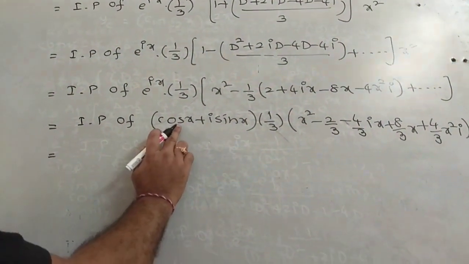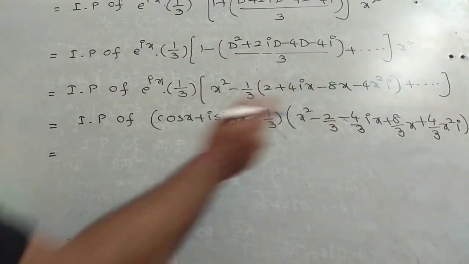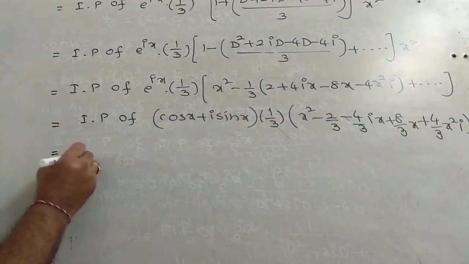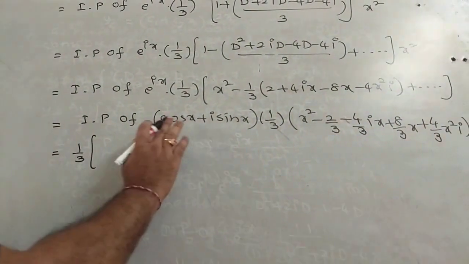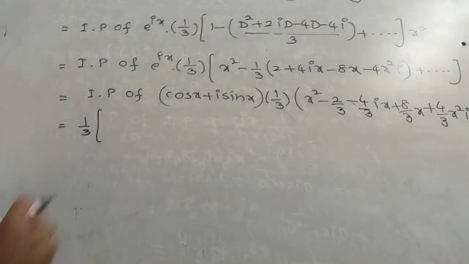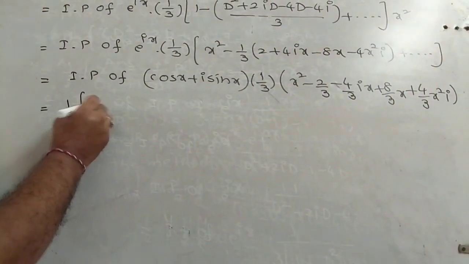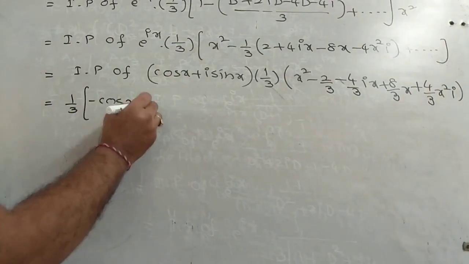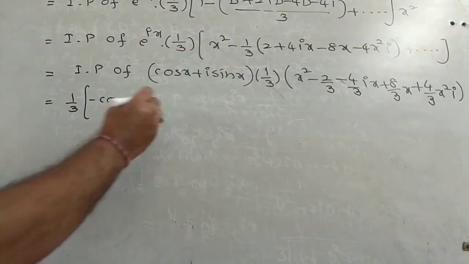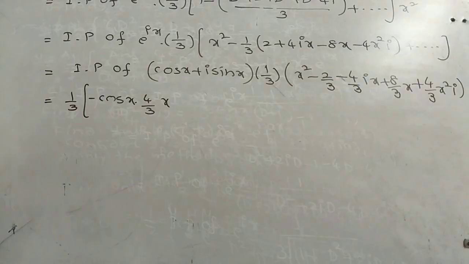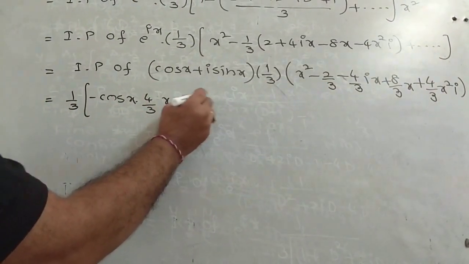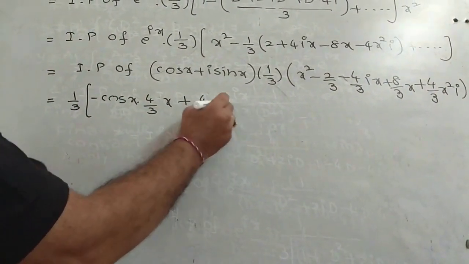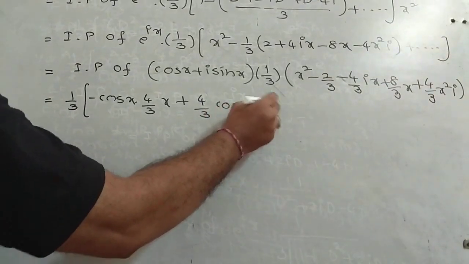So 1 by 3 you are keeping as it is. This is multiplied by cos x into minus 4 by 3 into x. And one more term is plus 4 by 3, it is cos x into x squared.